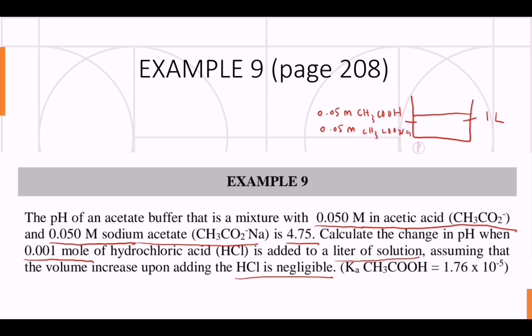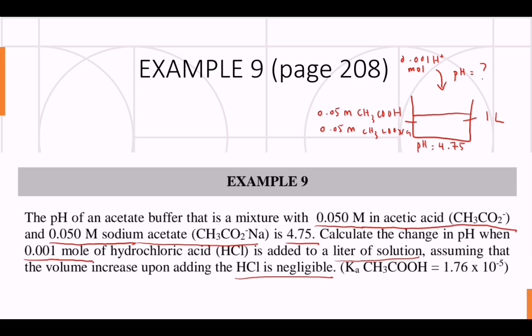The pH given is 4.75. Now after adding 0.001 mol of H+, we want to calculate the pH change.